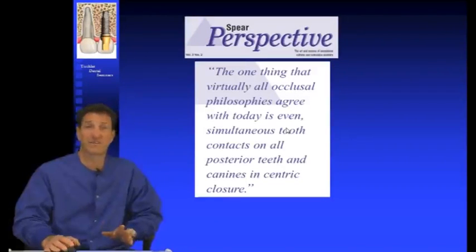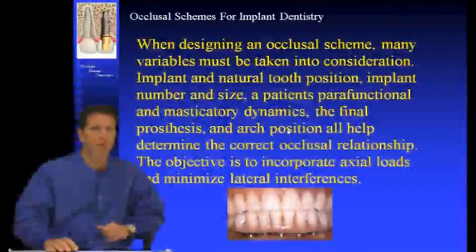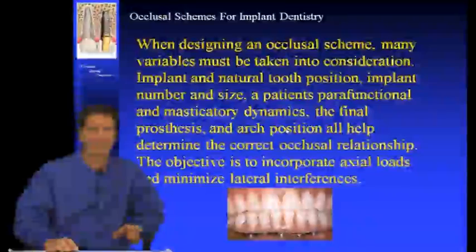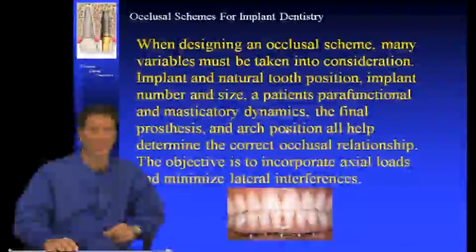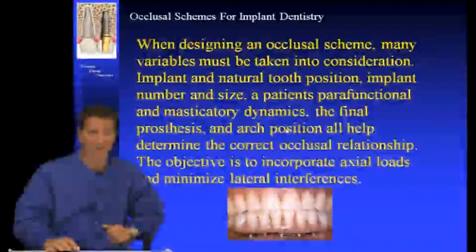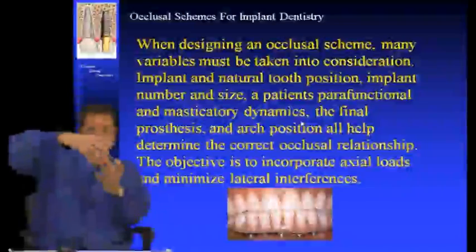I think this is a good way to sum up occlusion for dental implants. When you design an occlusal scheme, many variables must be taken into consideration. And basically what you want to do is incorporate axial loads and minimize lateral interferences, but very tough to do. You can't always have the patient biting straight up and down.